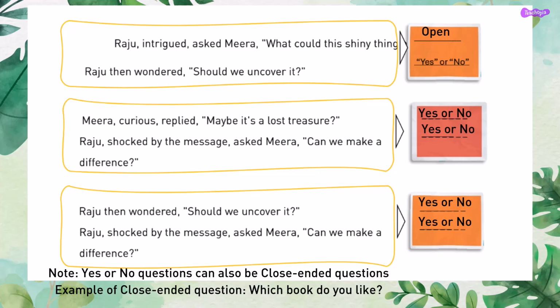Raju, intrigued, asked Meera, "What could this shiny thing be?" It's an open-ended question. Raju then wondered, "Should we uncover it?" It's a yes or no question. Meera, curious, replied, "Maybe it's a lost treasure." This is also a yes or no question.